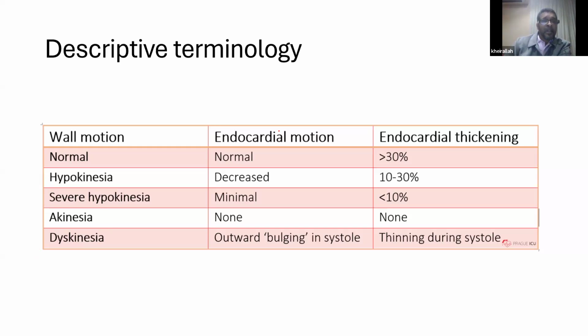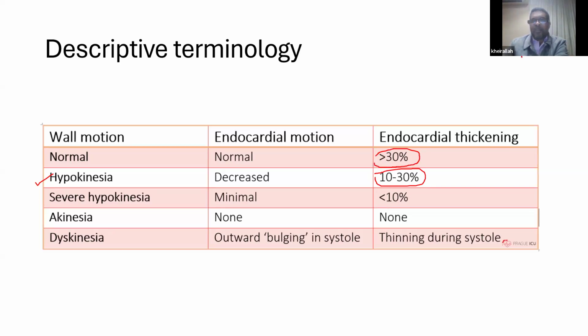So what does it mean to have hypokinesis? Simply it means it's contracting, but to a weaker extent. What do we mean by weaker extent? Weaker extent means the thickening of this segment is between 10 to 30%. The normal thickening is more than 30%.